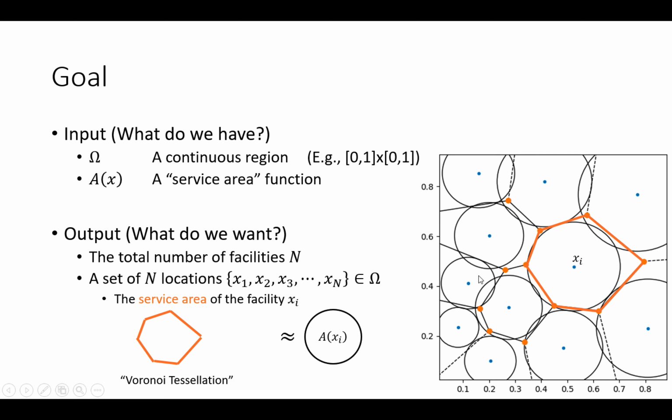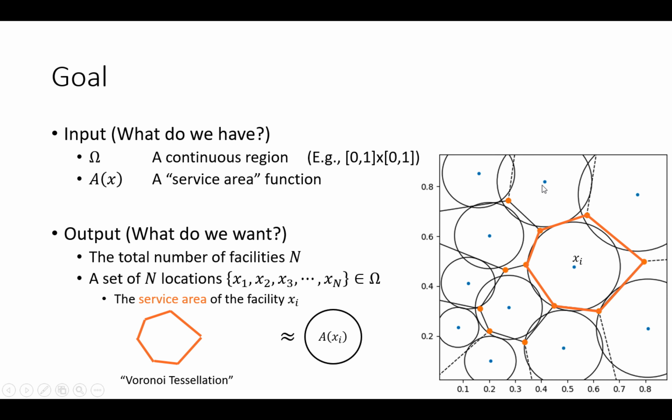And you might be interested in how this hexagon-shaped area, or maybe it's not necessarily a hexagon, it could be a polygon, how is this shape derived? It's called the Voronoi tessellation or Voronoi diagram. It's pretty straightforward. The meaning is, for every point on the region, we find its closest facility, the blue dot. For example, here where I'm pointing, this point is closest to this blue dot.